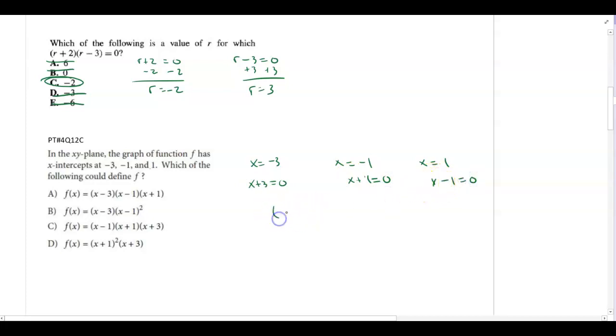So right away I know this function would be x plus 3 times x plus 1 times x minus 1, which is letter C. Remember, multiplication is commutative, so it doesn't matter which way you multiply the three factors.